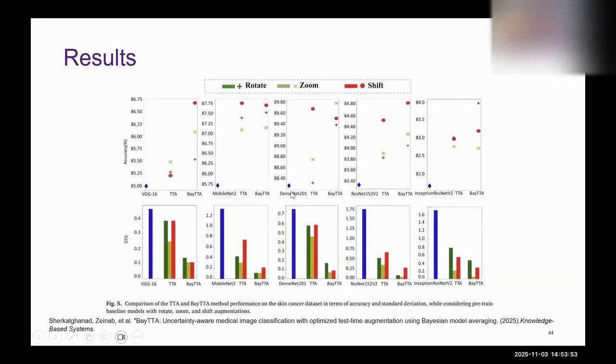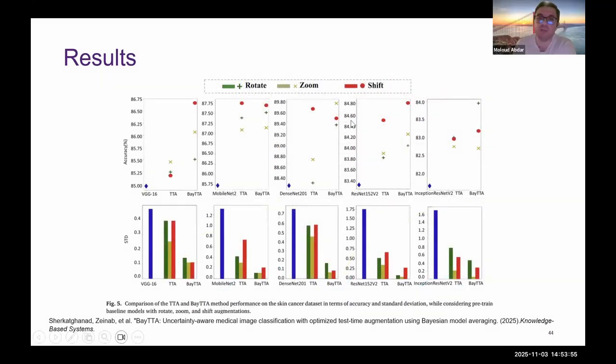And here, when we talk about TTA, we need to have augmentation, right? We need to do different augmentations, and here we tried to involve rotating, zooming, and shifting as base augmentations, and merge them together.